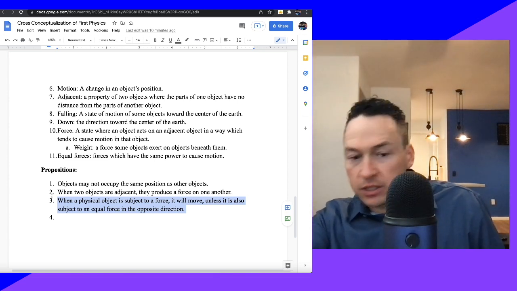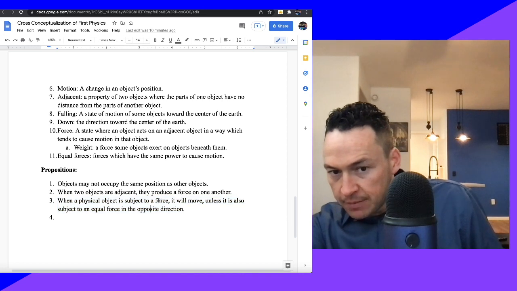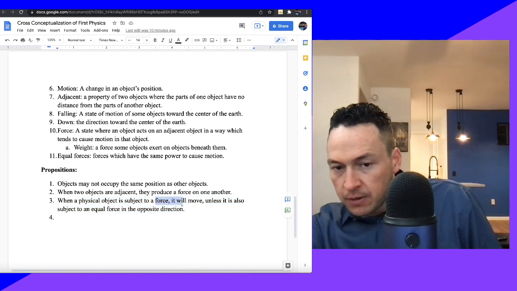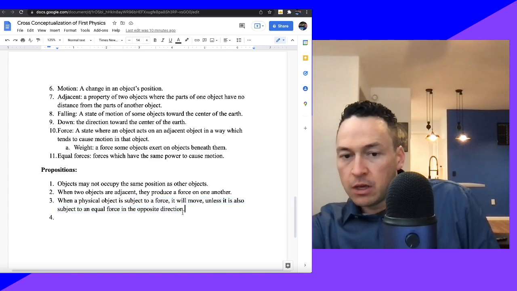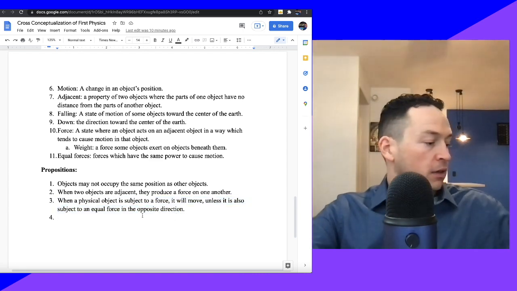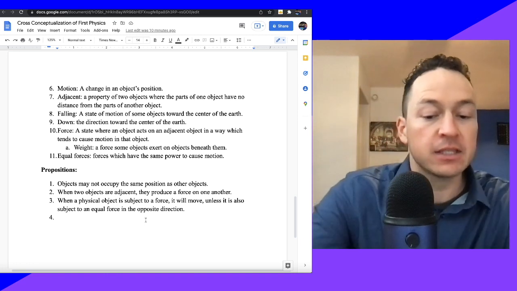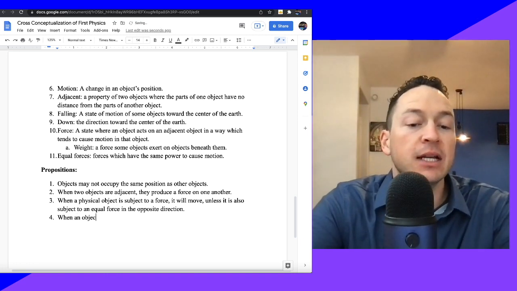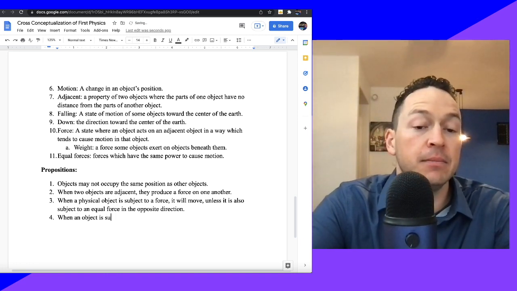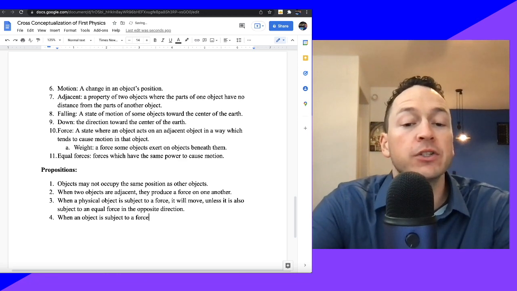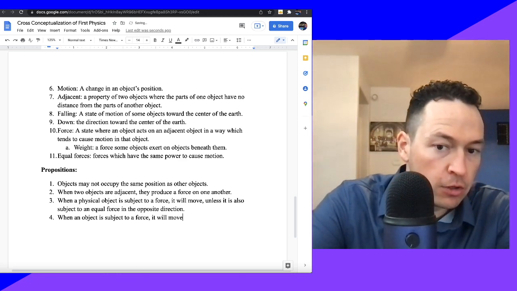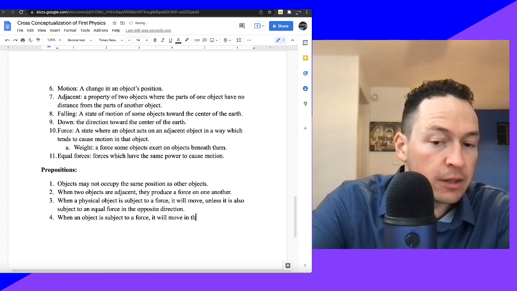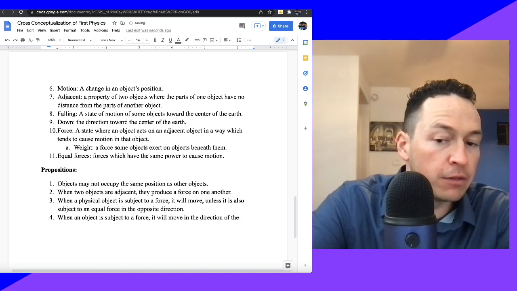Whenever an object is subject to a force, but not an equal and opposite force. Well, let's just write some other principles which just follow from this. When an object is subject to a force, it will move in the direction of the force.